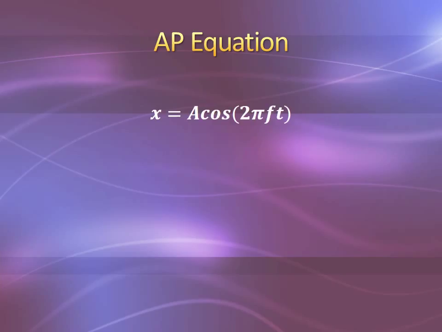So here, you have basically your standard sinusoidal function. We're using cosine, and you have to take the cosine of an angle. So if I just had time in there, the units would be seconds, and that doesn't work. So to get rid of the seconds, you actually have to multiply by the frequency.